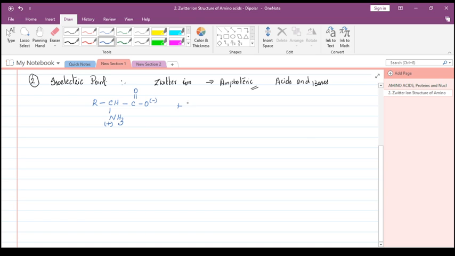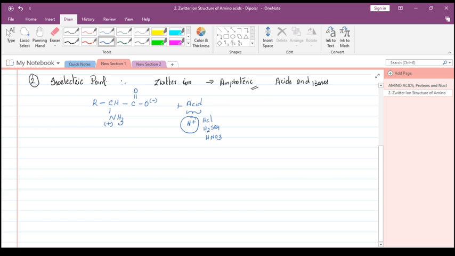When acid is added, all of us know acid means a species which is able to provide H plus ions. For example HCl, H2SO4 or HNO3. HCl is a very strong acid, which means it is able to furnish H plus ions in the solution.